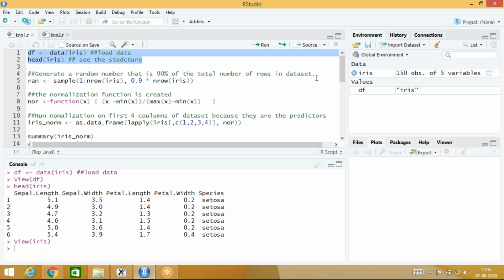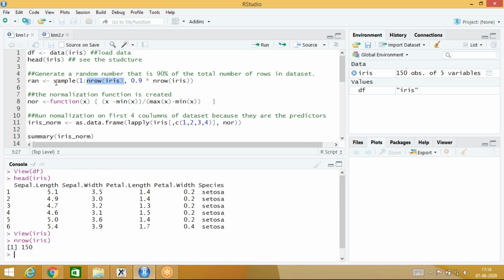What I am doing in line number 5 is creating random numbers. What nrow(iris) gives me is the number of rows, which is 150. Now this sample function is a random number generator.